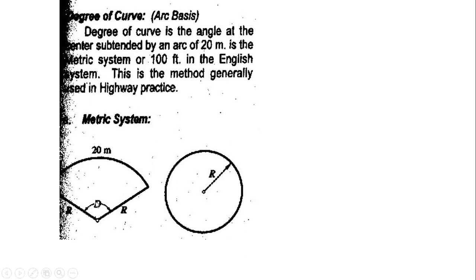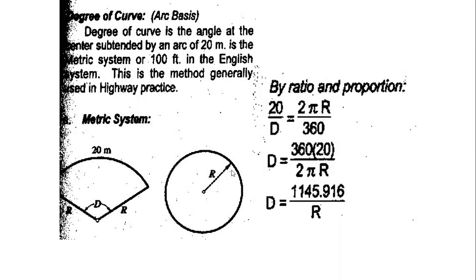So this angle center is represented as D for the degree ng curve. No? Now if we try to compare this, okay, sa isang unit circle with radius R, by ratio proportion, we can generate this equation. No? So 20 over D is equals to, okay, kinopare natin siya sa one whole circle. So we're comparing this arc over the angular center is equivalent to yung arc length for given one whole circle.